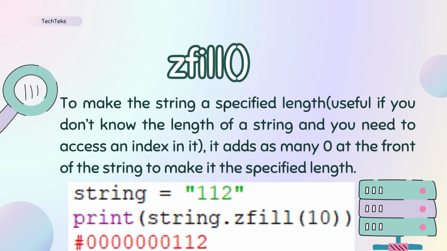So what zfill does is add as many zeros to the start of that string to make it that specified length. It's really useful if you don't know the length of a string and you need to access an index in it. It makes it a lot easier.